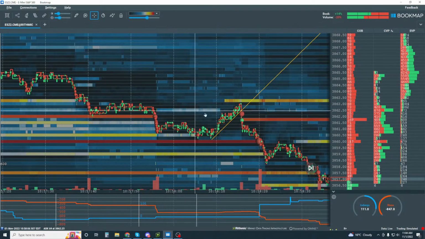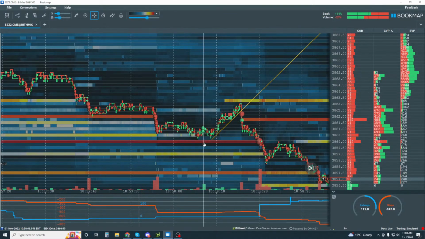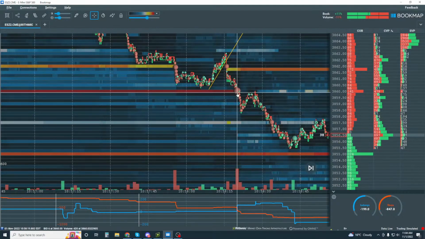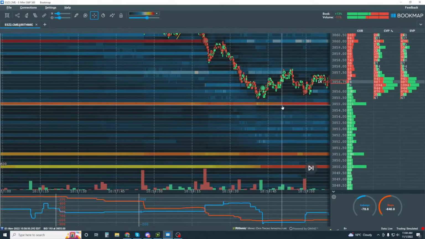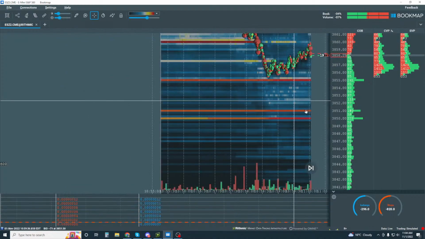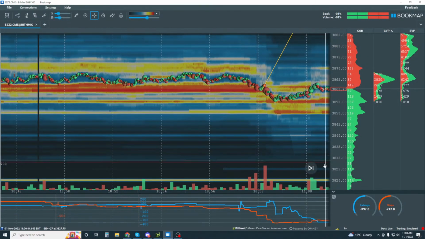We see sellers here. We come back up here, top of the structure, but it does not break it, and we see sellers come in. We see high liquidity. Here we have high liquidity as your target at 60. It's not a very good example, but I did want to show it as a potential pullback, and then the continuation down into 55, and then maybe 50 as well. Right, so that was the goal with that.